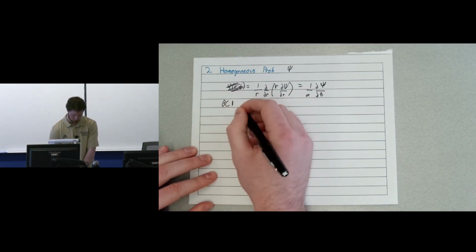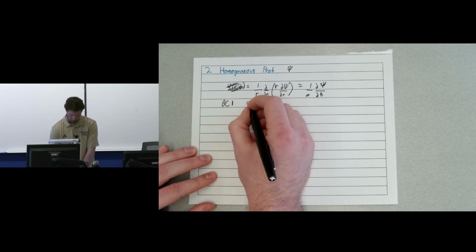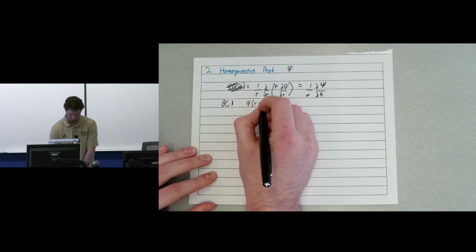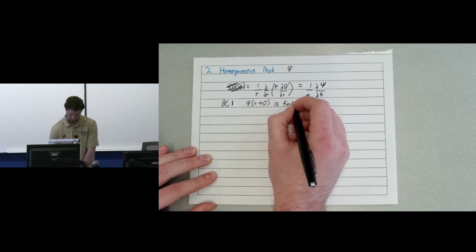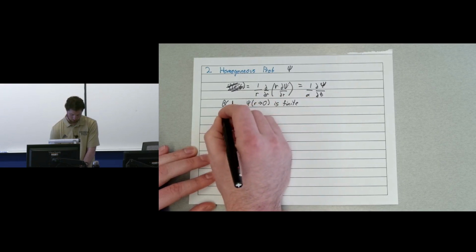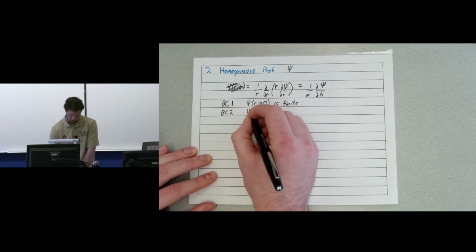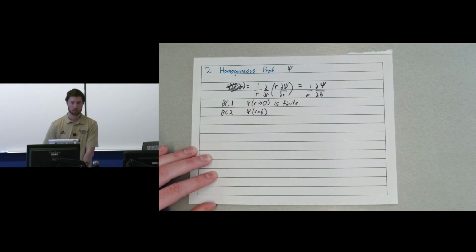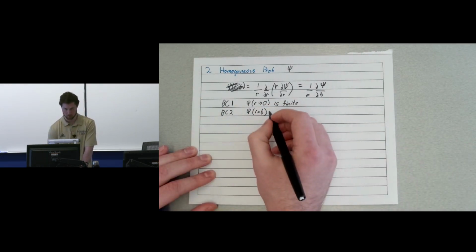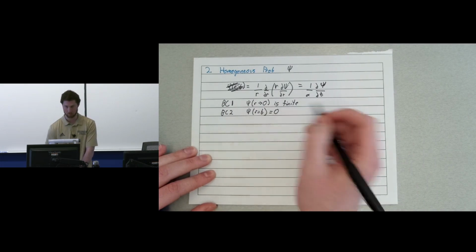Then our boundary conditions. So boundary condition 1 is going to be the same thing. So psi as r goes to 0 is still finite. But what about boundary condition 2? Yeah. So this is going to be equal to 0, right?